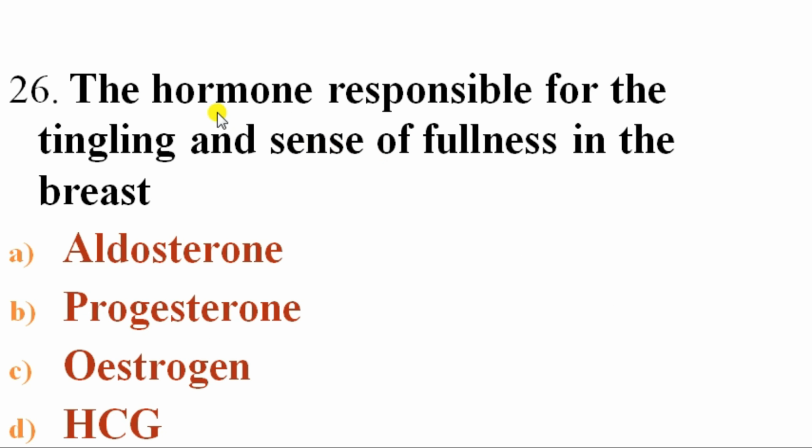Next question. The hormone responsible for the tingling and sense of fullness in the breast. Options A. Aldosterone, B. Progesterone, C. Estrogen, D. HCG. Answer is B. Progesterone. So the hormone responsible for the tingling and sense of fullness in the breast is progesterone.